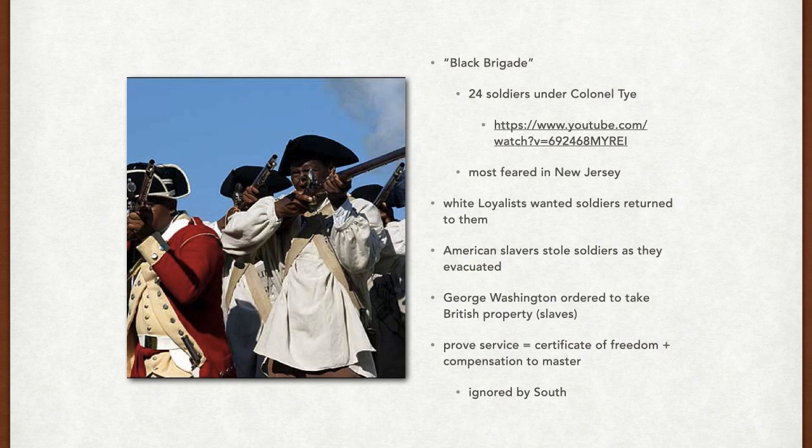However, as I mentioned, the British intended to keep their promise to relocate the black loyalists elsewhere. However, as the British evacuated, American slave owners attempted to recapture their former slaves. They would snatch up anyone who was black, including those who were born free, and sold them back into slavery.